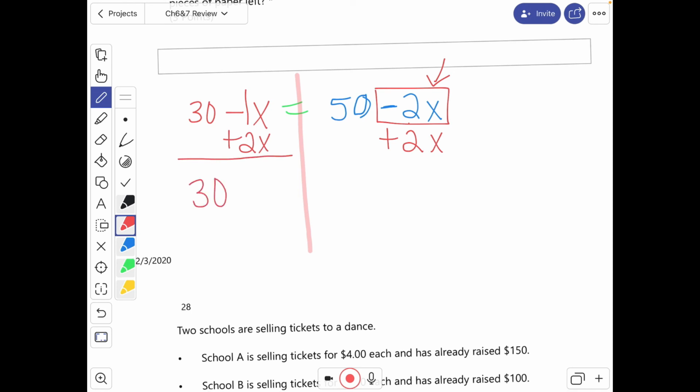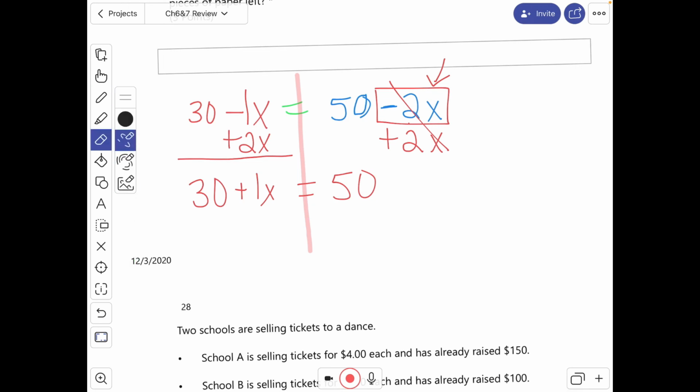So over here on the left side, I'm going to have 30, and then negative 1x and a positive 2x makes a positive 1x. Equal sign straight down. On the right side, I still have 50, and the 2x's have canceled.